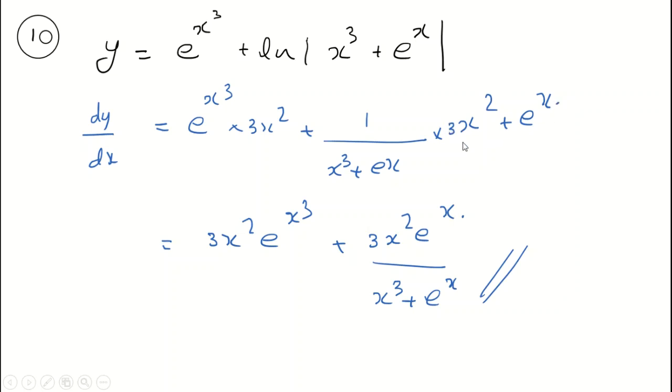There should be a bracket here. There should be a plus here. So, mistake. So 3x squared e to the power x cube plus 3x squared plus e to the power x over x cube plus e to the power x.